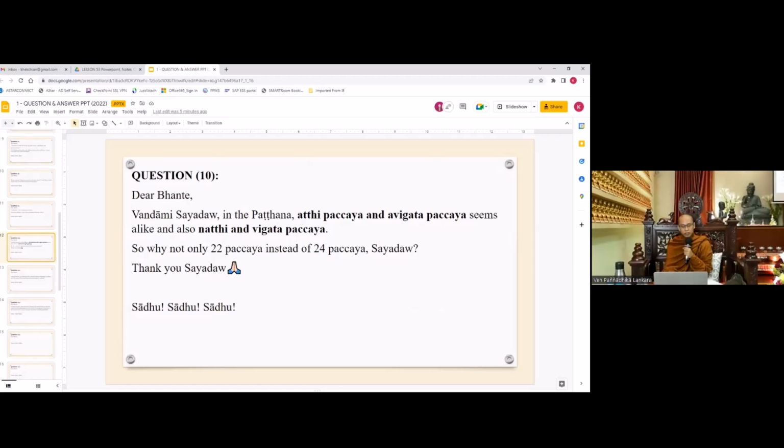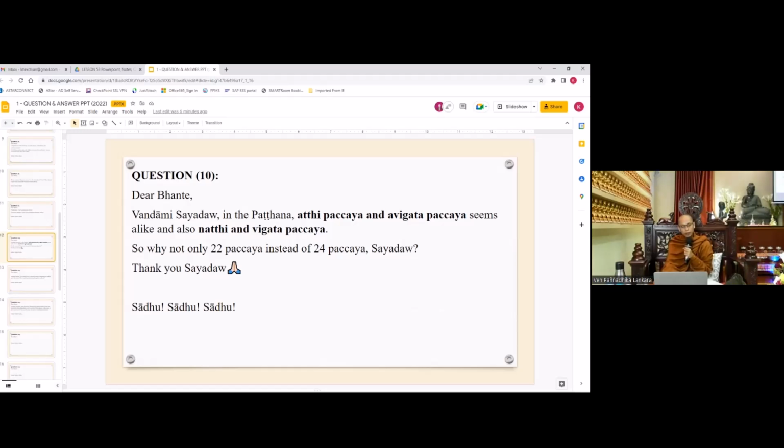The reason is that some can understand by the usage of atthi, and some can understand by the usage of avigata. The nature is the same, but if we use different usages, it becomes different. But actually, according to reality, it is the same. So for complete information, as I understand, the Buddha gave 24 rather than 22 or 21.